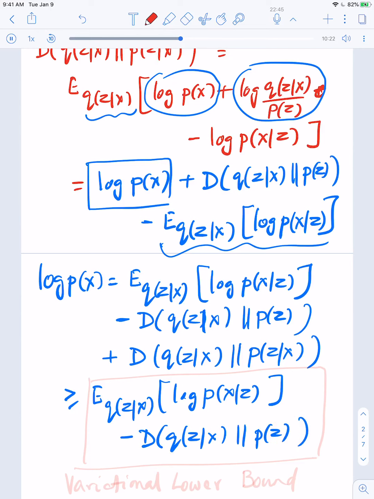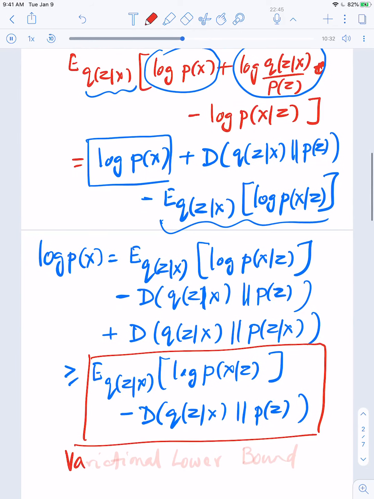That's this term. And indeed, this is what we will seek to maximize. This is a lower bound on the likelihood function, and for historical reasons it's called the variational lower bound, and it's come up in many different contexts that are broader than the current one. References that enable you to dig deeper are given there, but this is what we are going to try to optimize in the VAE.